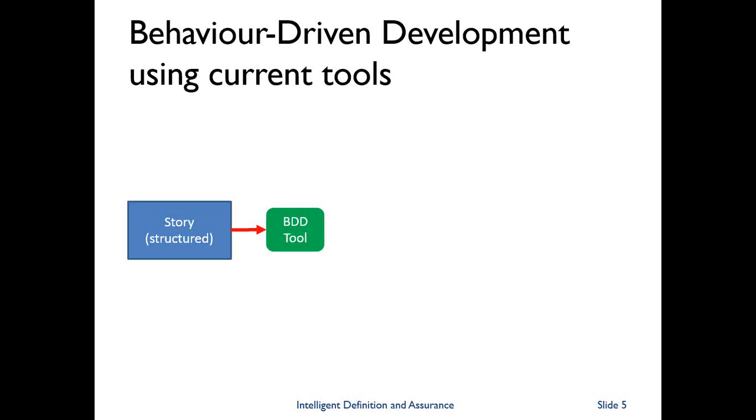Now beneath that, there are a whole series of scenarios which illustrate how that feature would be used. The structure of the clauses in a story has a pattern of given, when, then. Given some situation, some current state, is the first clause.